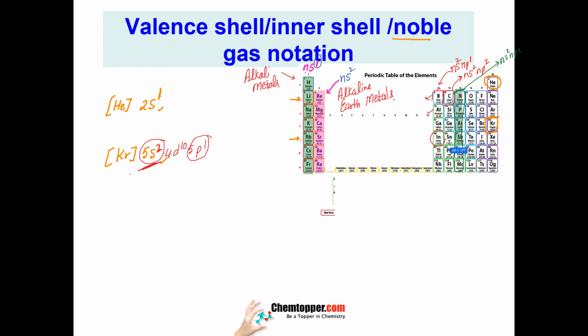Can you define valence electrons, Arnav? What's the definition? Electrons in the outermost shell. So how many are there in the outermost shell? Count the electrons, Bhavya.